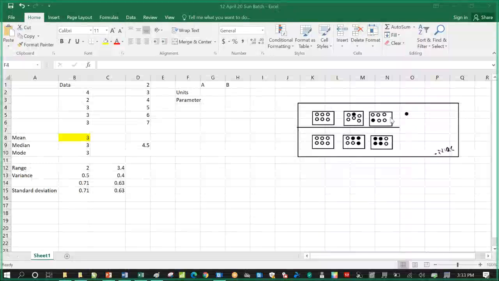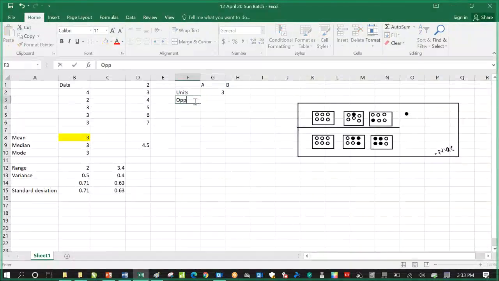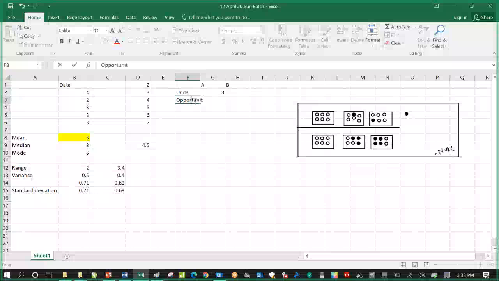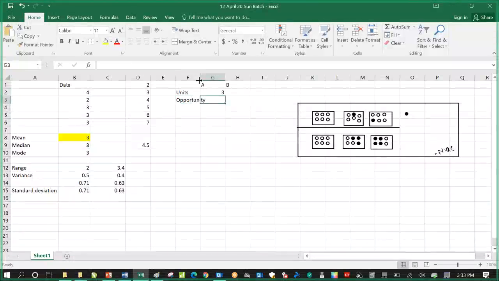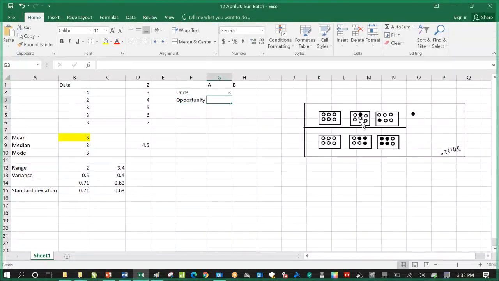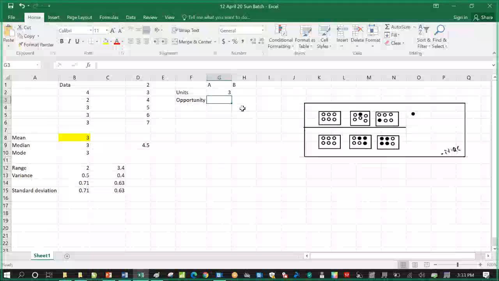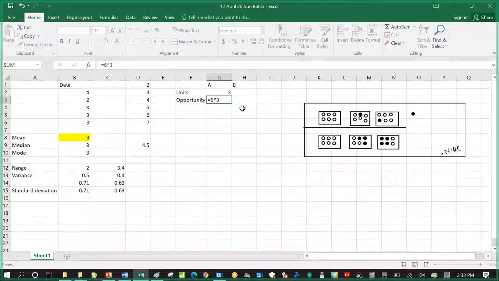Let me take example of the top one. How many units you see here? 3. And how many parameters or opportunity you see here? 6, 6, 6. Total 18.